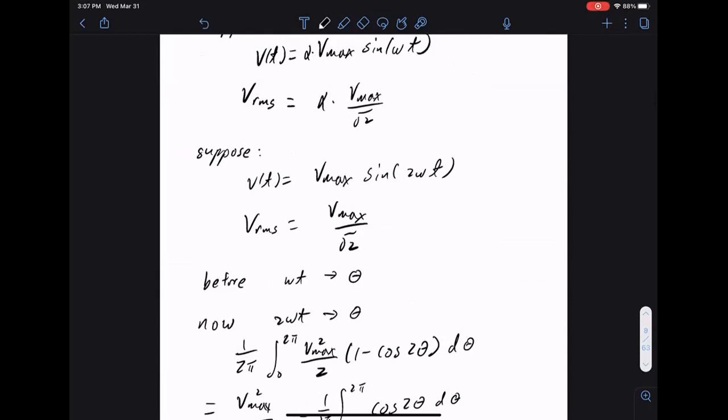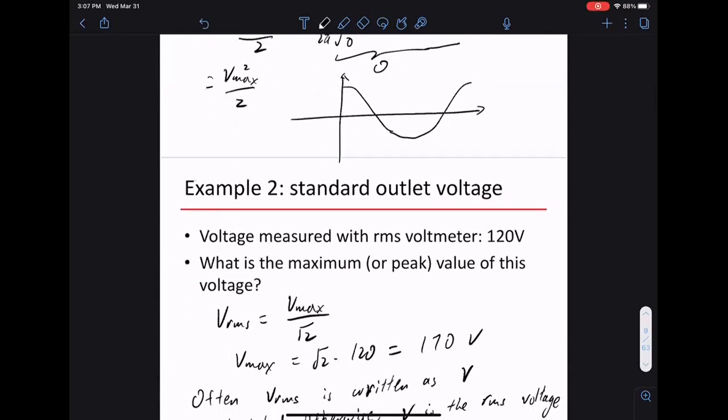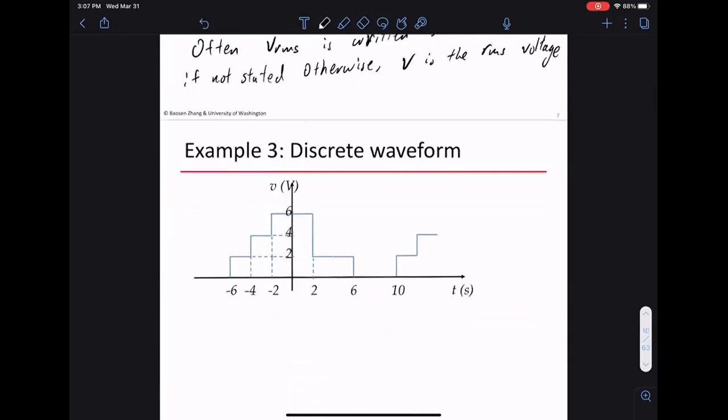Okay, so that's a good question, because that's what I want to say next: you can define RMS for all periodic signals, but then our equation Vmax over square root 2 no longer applies.